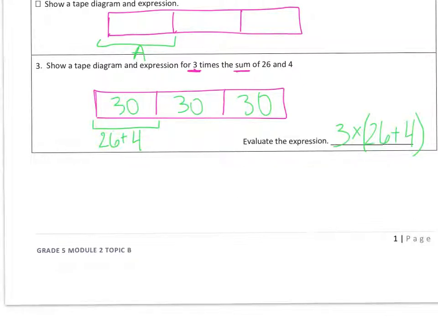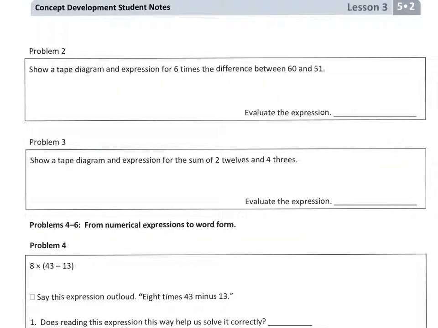Let's keep it going. Now we're going to show a tape diagram and an expression for 6 times the difference between 60 and 51. Just a reminder, difference means subtracting. So how many chunks am I going to need for this tape diagram? 6, because we have 6 of something. So here's our tape diagram.